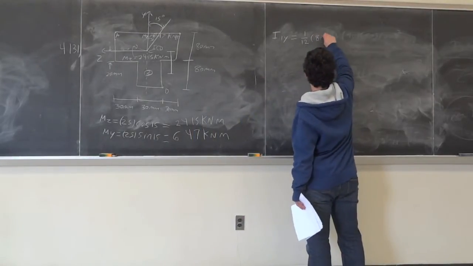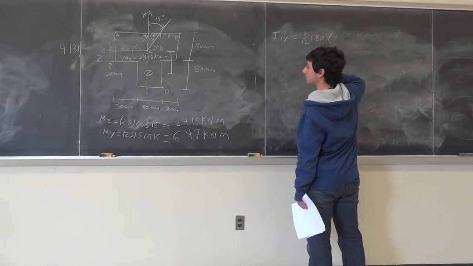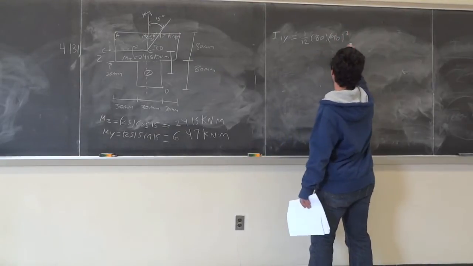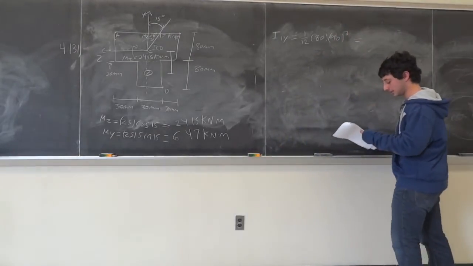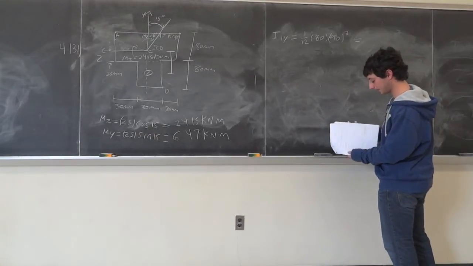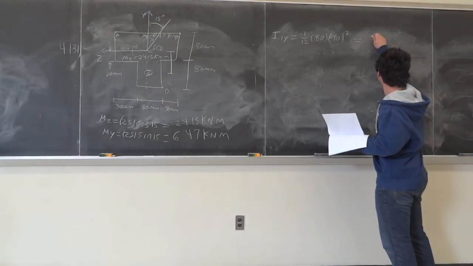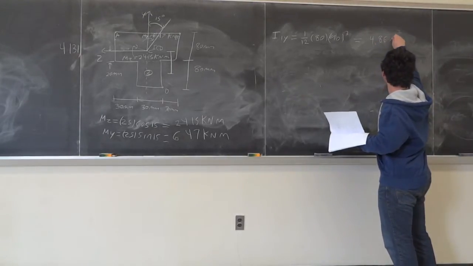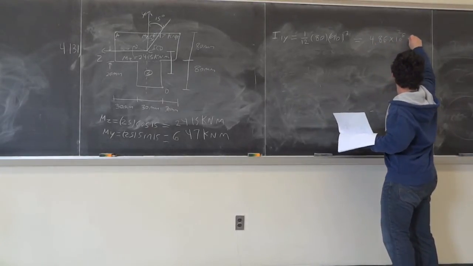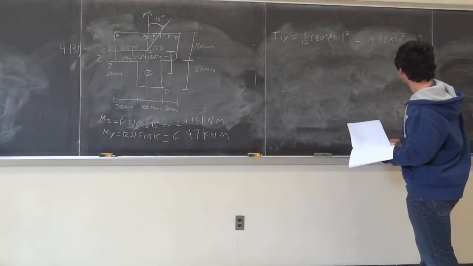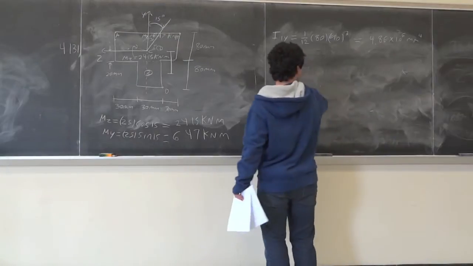And what's h? 90. Exactly. Cubed. All right, so this is your moment of inertia right here. So this is equal to 4.86 times 10 to the 6 millimeters to the 4th.